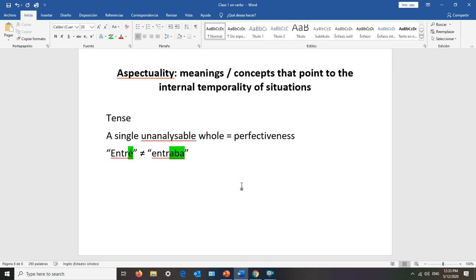John's reading both preceded and followed my entry. So Juan leía as a situation that was already unfolding cuando entré, and the presumption is that it must have continued unfolding once the situation of entering took place and was finished.